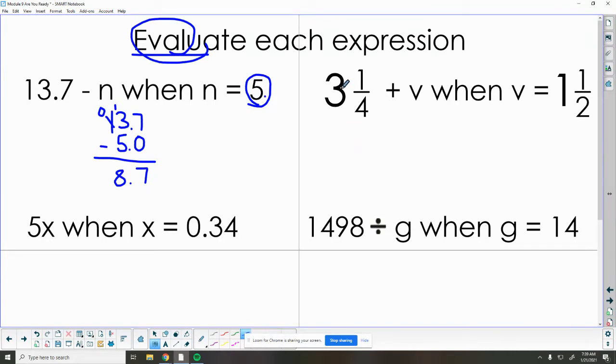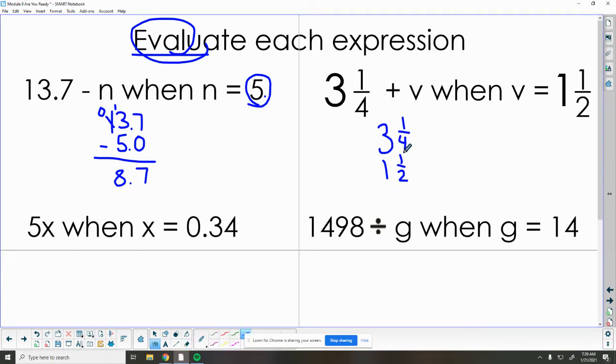Okay, our next one asks us to add 3 and a fourth plus v, and v equals 1.5. So when we put these problems together, this is 1 and a fourth, and this is 1.5. We can't add when we don't have common denominators.